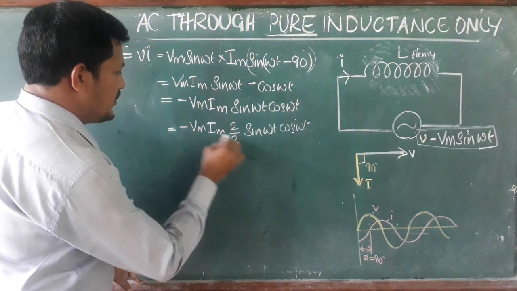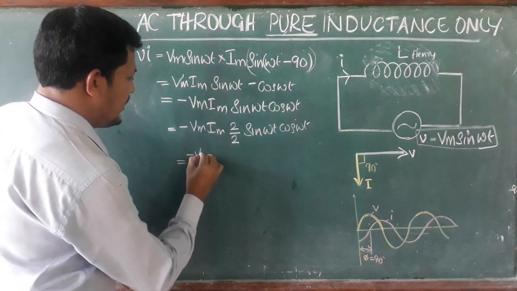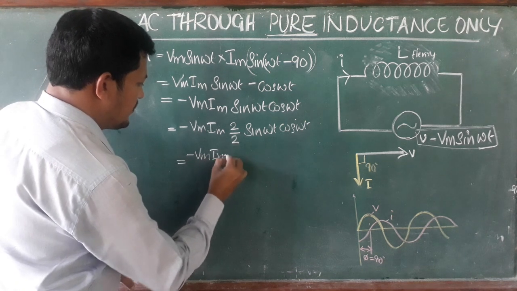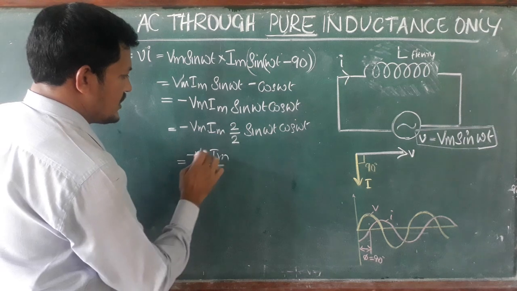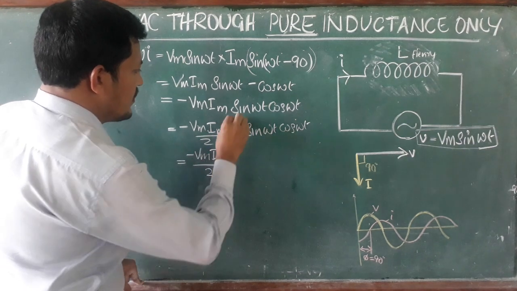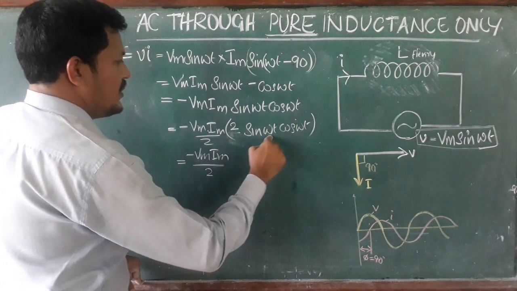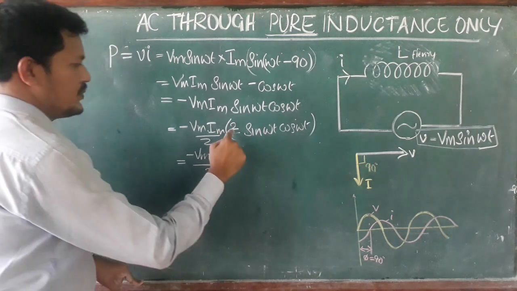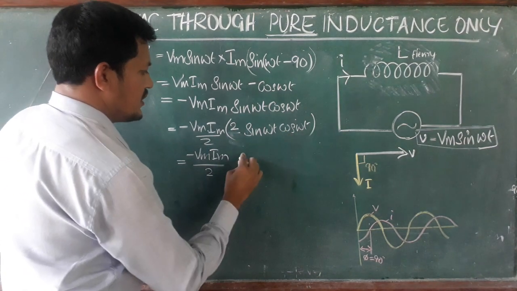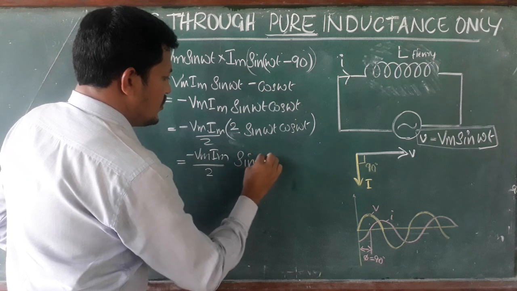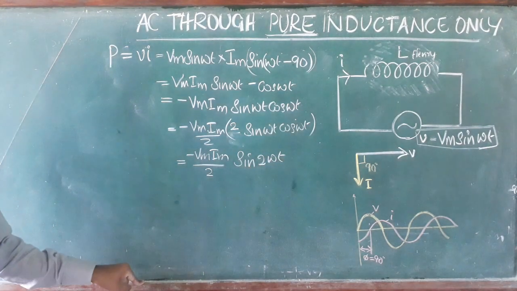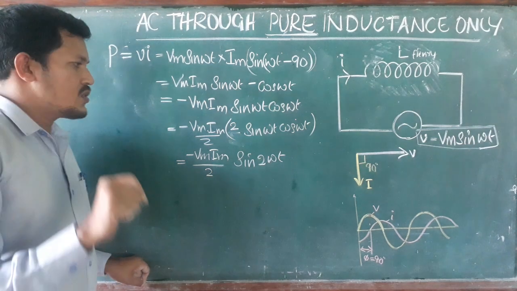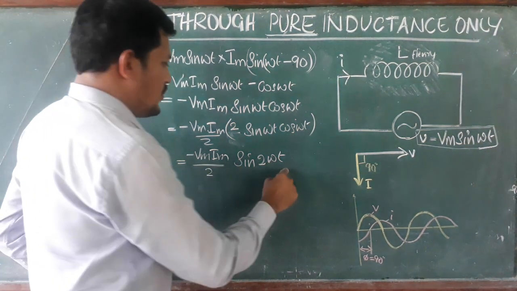Here I am taking 2 here: minus Vm Im by 2, and 2 sin omega t cos omega t. 2 sin omega t cos omega t means sin 2 omega t. Clear? 2 sin omega t cos omega t equals sin 2 omega t.